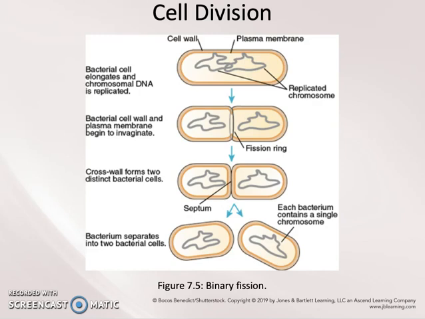After the cell membrane forms, a bacterial cell wall forms on top of that, separating the two. This is called the septum. Once the septum forms, you have two individual separate bacterial cells. And that essentially is binary fission.